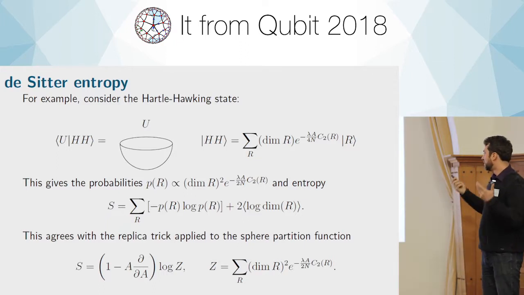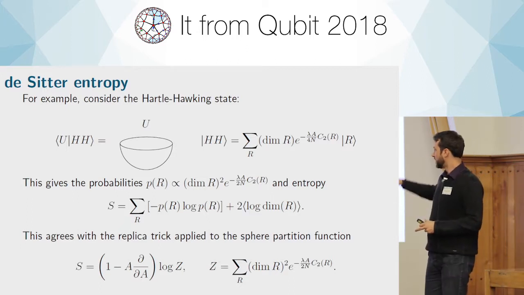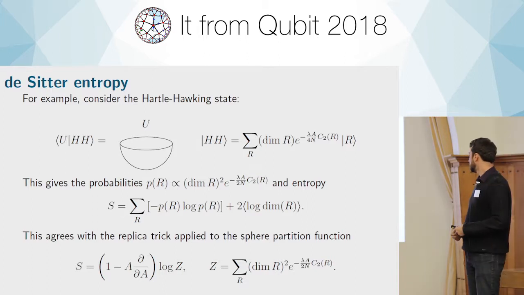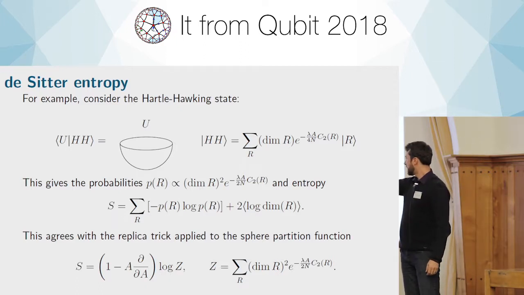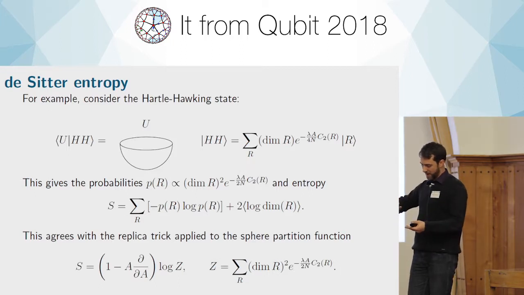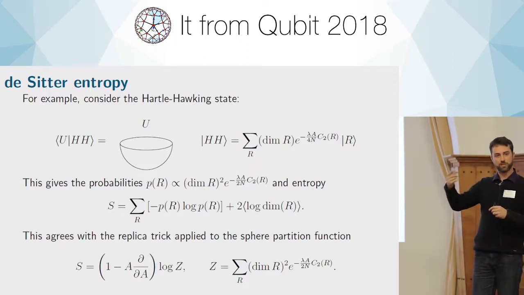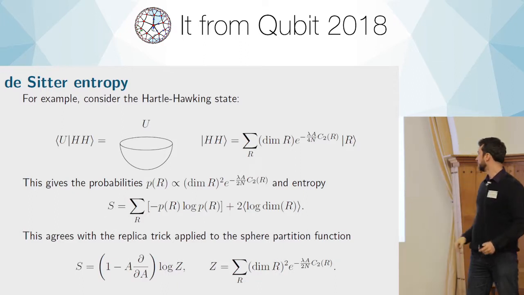So what it's showing, something that was mentioned yesterday, is that one can see quite explicitly that this extended Hilbert space construction matches up with the replica trick. The 1 minus A d by dA just comes from the fact that the partition function is not sensitive to the conical angle, it's only sensitive to the total area. So in doing the beta variation, one can replace the beta variation with an area variation.